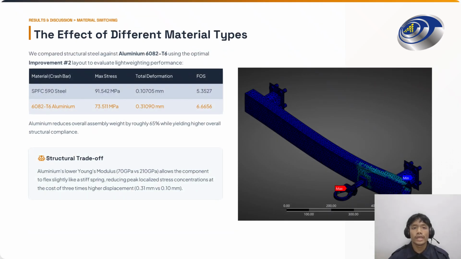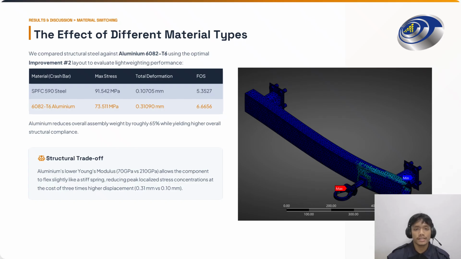Finally, we evaluate lightweighting performance by comparing steel against aluminum using our optimal layout. Switching to aluminum reduced the overall assembly weight by roughly 65%. However, it introduced a clear structural trade-off because aluminum has a lower Young's modulus. It acts like a soft spring.